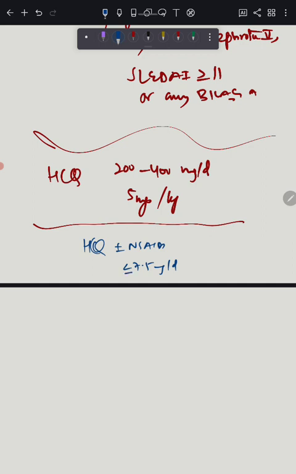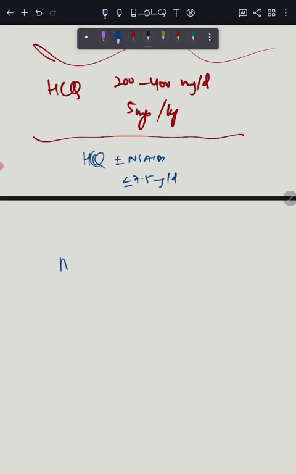And you can also give steroid sparing drugs like methotrexate or azathioprine, or topical or intralesional steroids. Whereas for moderate disease, that is SLEDAI score of 6 to 10 or any BILAG B, then you can offer prednisolone.